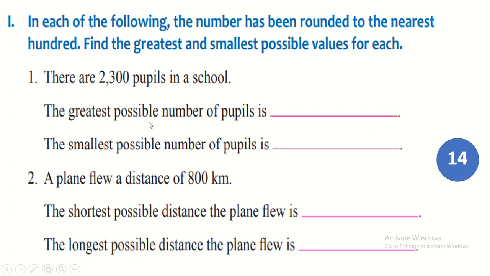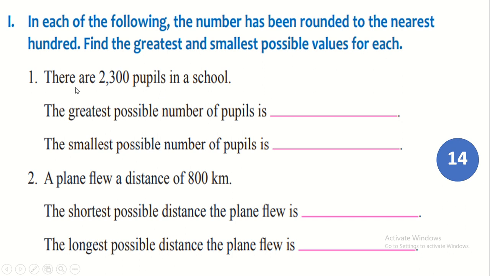Okay, for the last exercise is letter I. Okay, in each of the following, the number has been rounded to the nearest hundred. Find the greatest and smallest possible values for each.